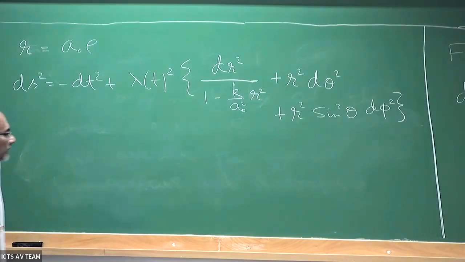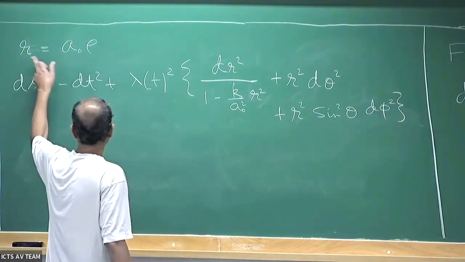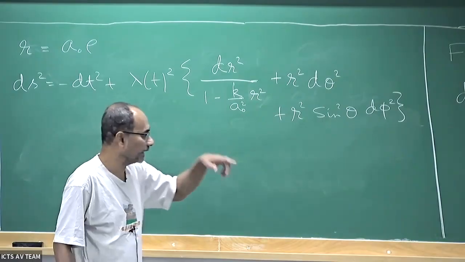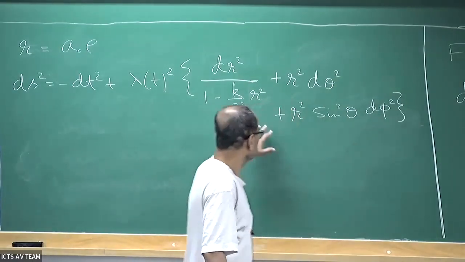Okay, just change variable from rho equal to R over A naught, and you will find that the metric I have written here becomes this.